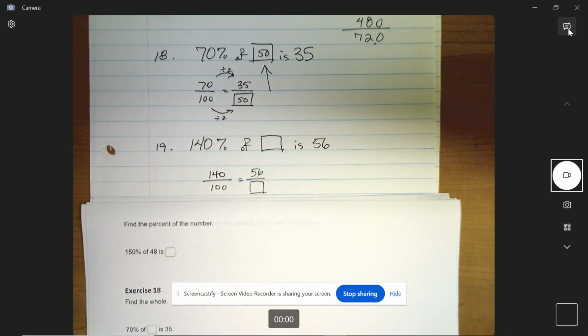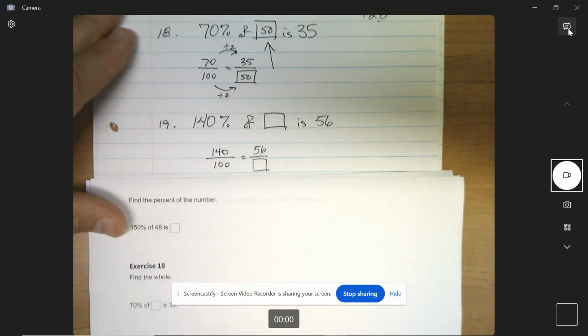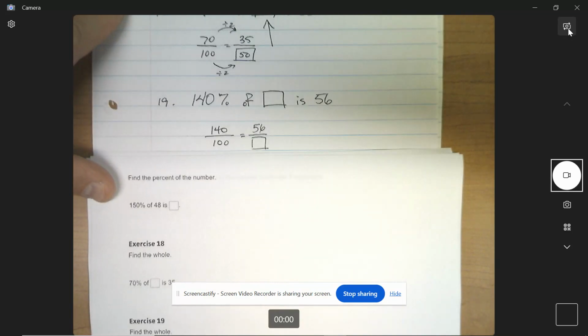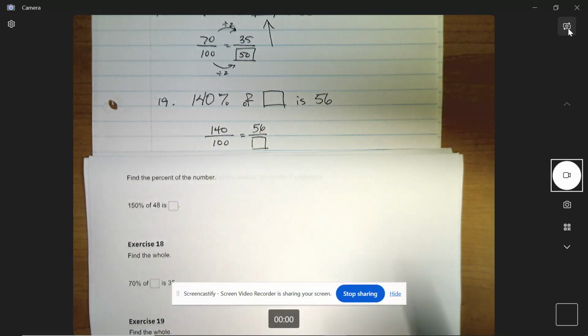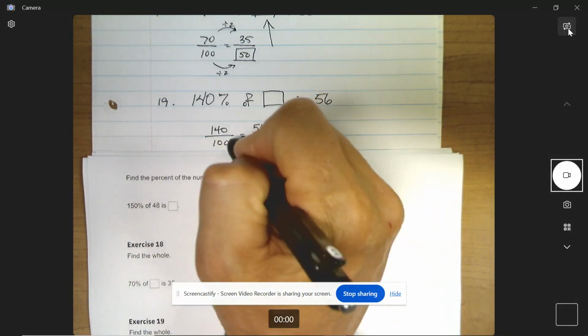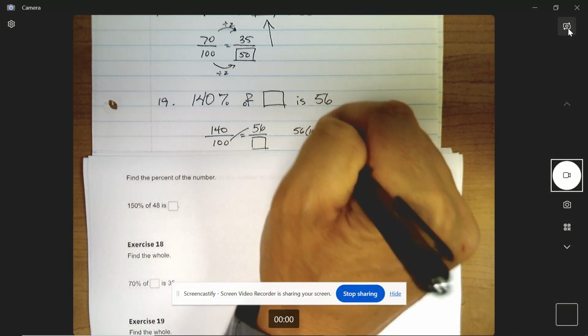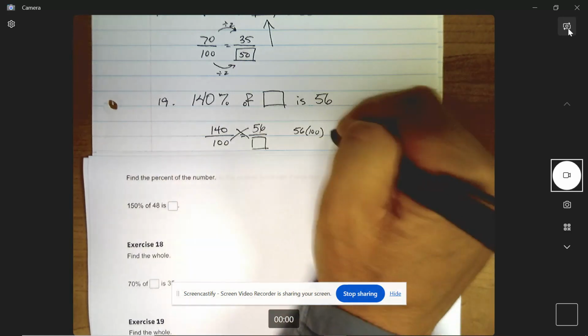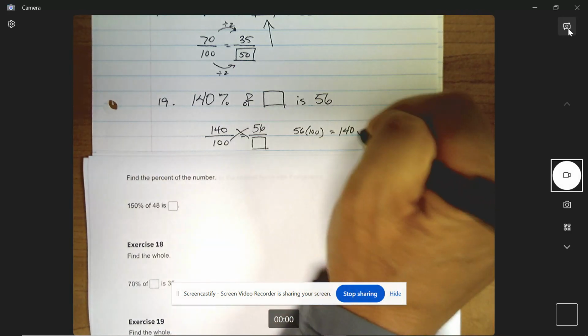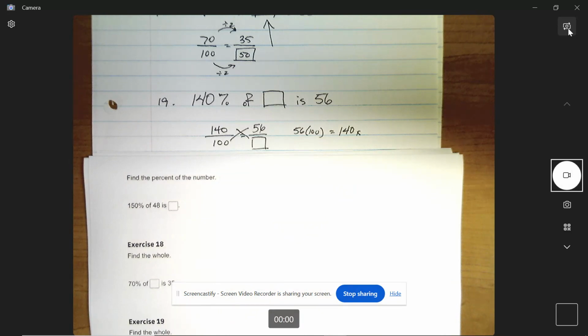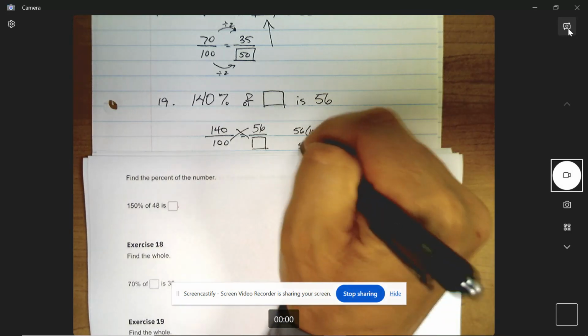Trying to think of how I taught this without using the cross multiplying. Well, tell you what, the answer's 40, but I'm going to show you. Oh, wait, yeah, I think it's right. If we take 56 times 100, I can't think right offhand how we solve these, so I'm going to show you.